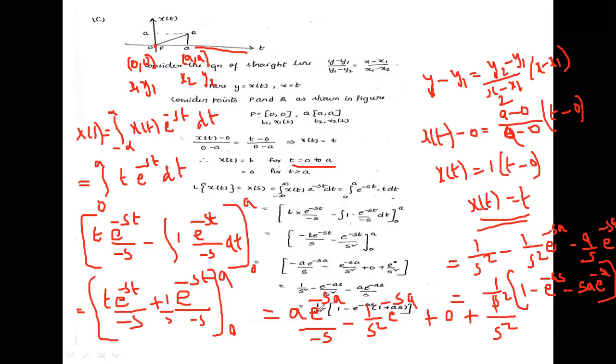The final answer is 1 by s square into 1 minus e power minus a s into 1 plus s a. So like that we can find the Laplace transformation for the given graphical representations. Got it?